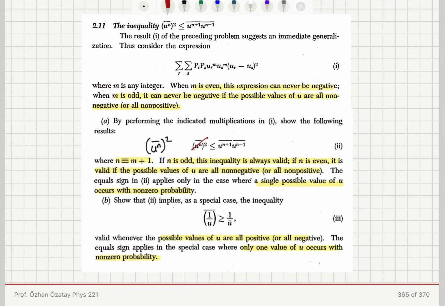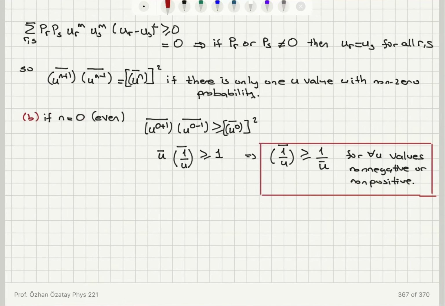Now, the equal sign applies for only one value of U with non-zero probability. Well, it's the same thing here. This inequality came from the same starting point.